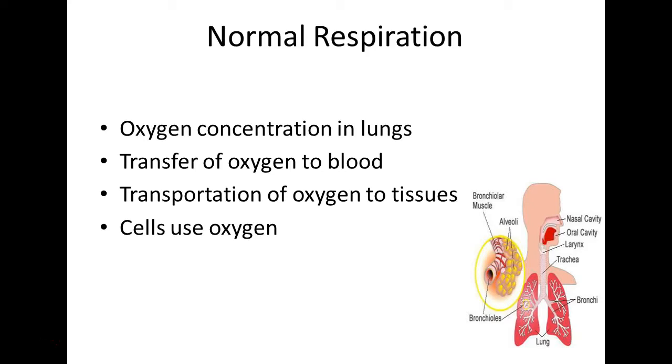So the pressure or concentration of O2 in the alveoli has to be at a higher level than in the blood, and the pressure of CO2 in the alveoli must be lower than the level in the blood. We do this with every breath. Every time we breathe, this cycle is happening. We are bringing in fresh air that has lots of oxygen and not too much CO2 into the lungs and alveoli.